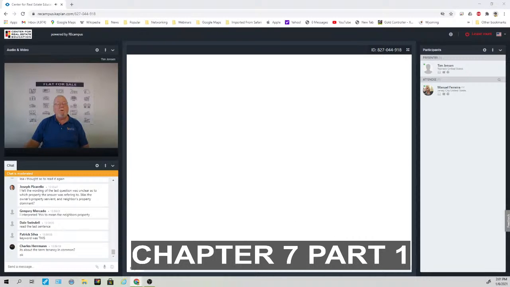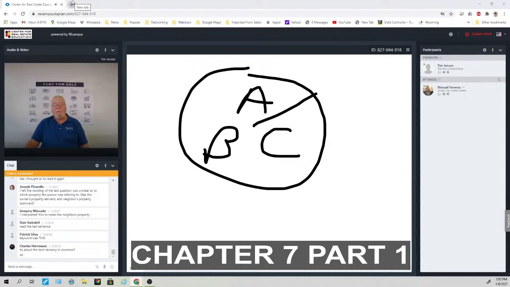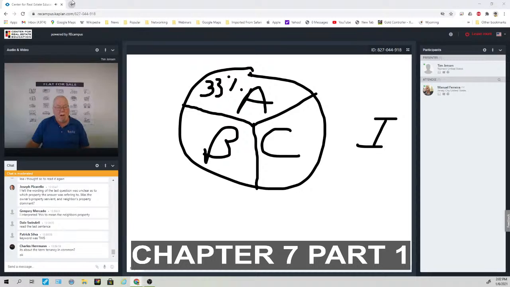Let's bring up another whiteboard. A, B, and C are all 33% ownership interests of property in one piece of property. They all have the same percentage of interest in the property.